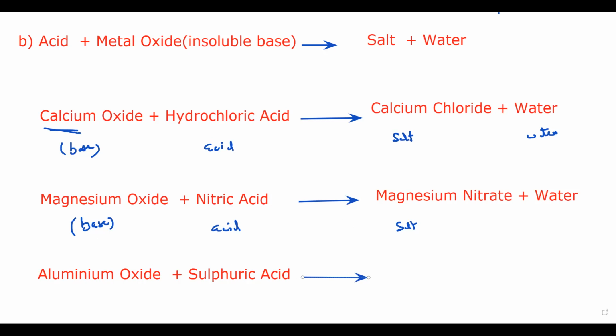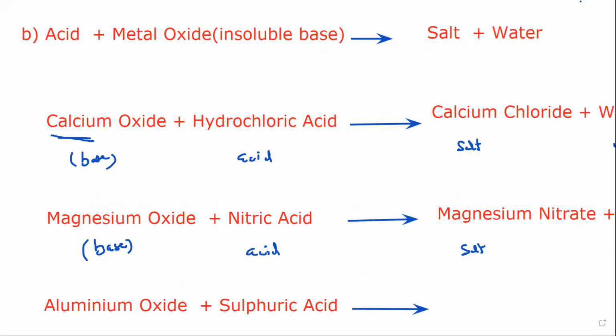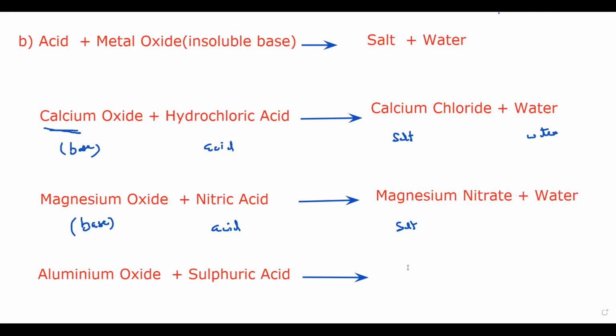So when metal oxide mixed with acid, the result will be salt and water. So it will produce aluminium sulfate, because aluminium sulfate is a salt here. The first name of a salt is from metal, so aluminium sulfate plus water will be there as a product.